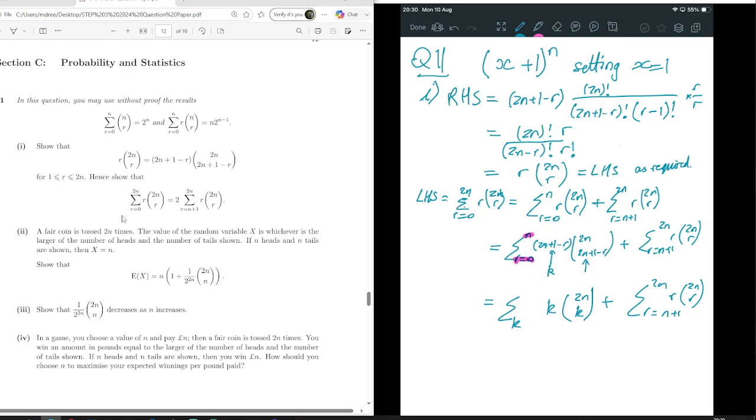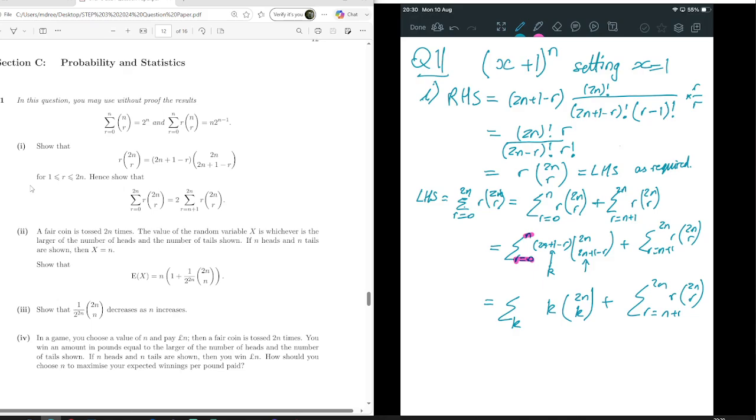So when r is 0, this is 2n plus 1, which I don't really want k to be, because this condition does not hold. The above condition didn't hold when r was 0.